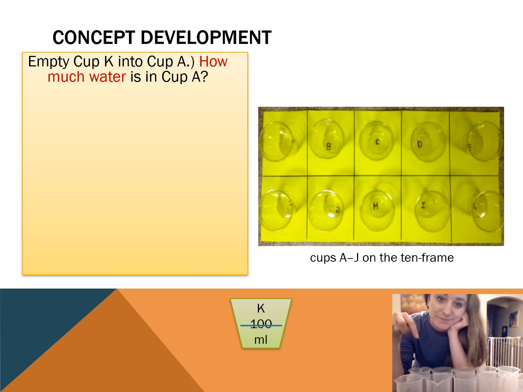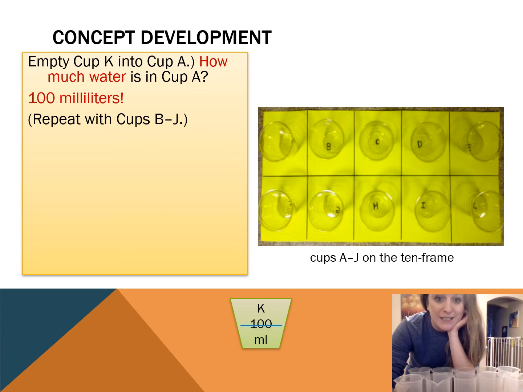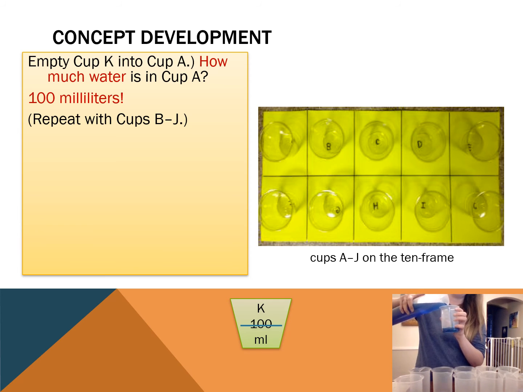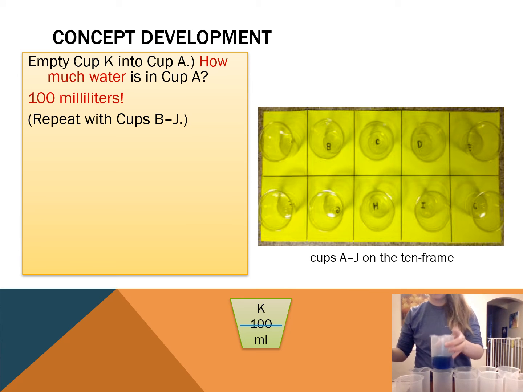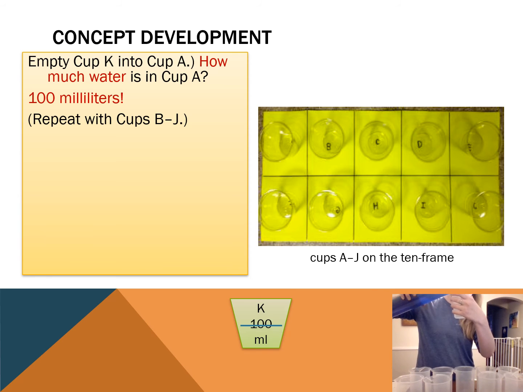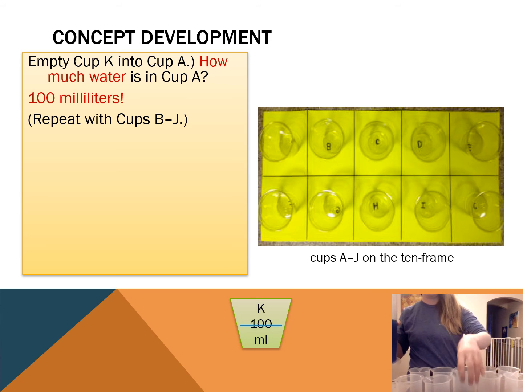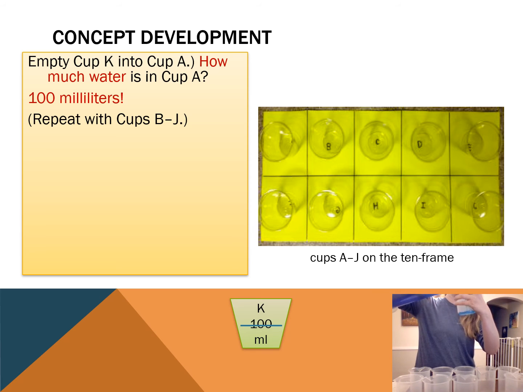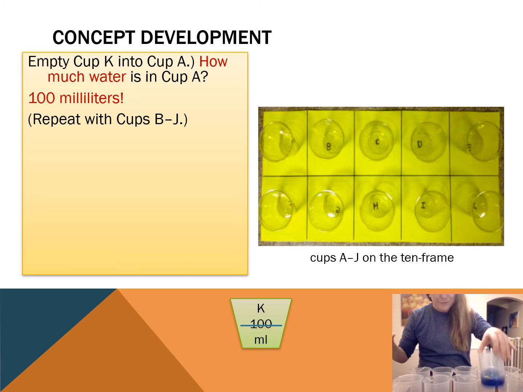Now, how much water is in cup A? 100 milliliters. Now let's continue with each of these. 100 milliliters for all. Let's count them together. 100 milliliters, 200 milliliters, 300 milliliters, 400 milliliters.